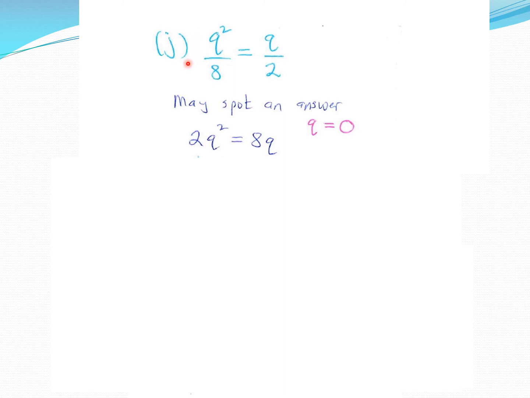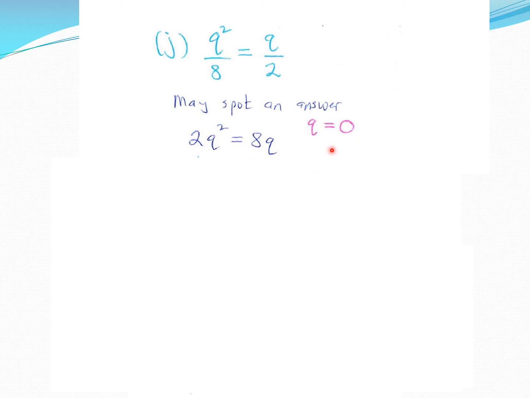What's 0 divided by 8? It's 0. And if Q is 0 on this side, 0 divided by 2 is 0. 0 equals 0. That means Q is equal to 0. Likewise here, if Q is 0, 2 times 0 squared is 0 equals 8 times 0. So Q is equal to 0. So that's an answer to this question.